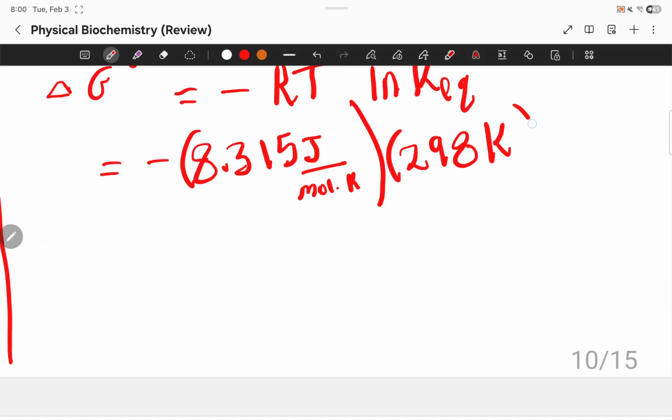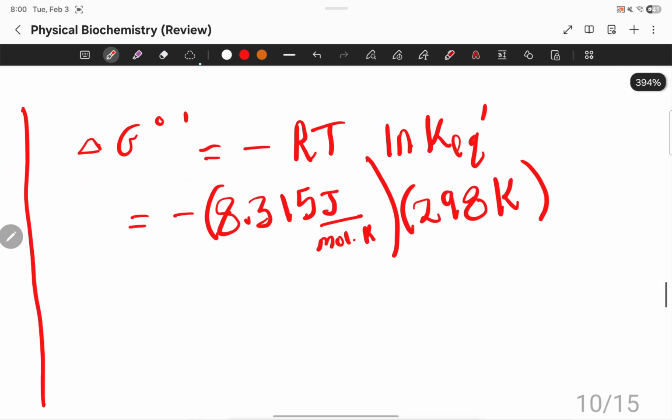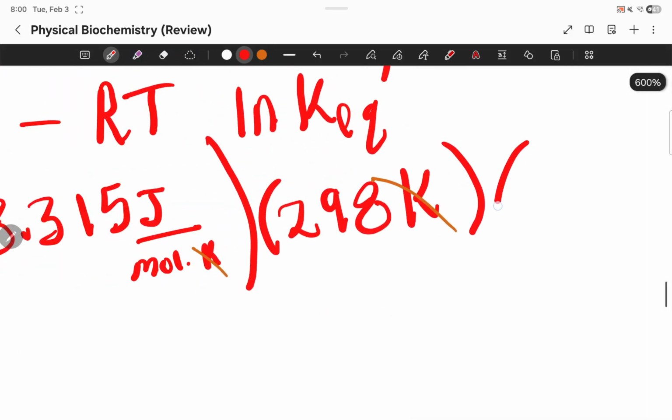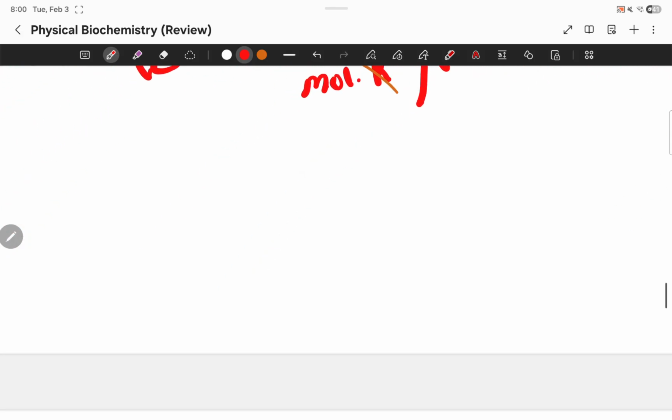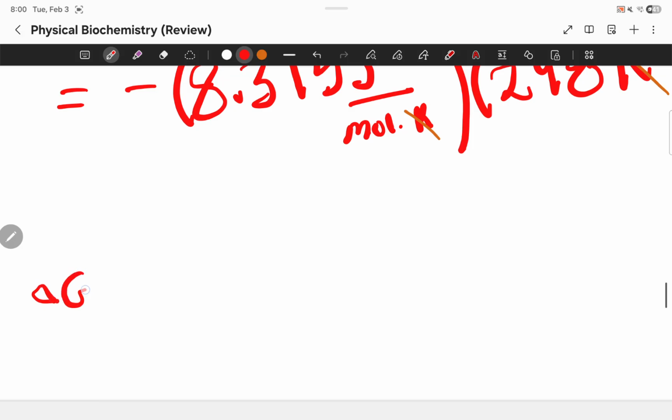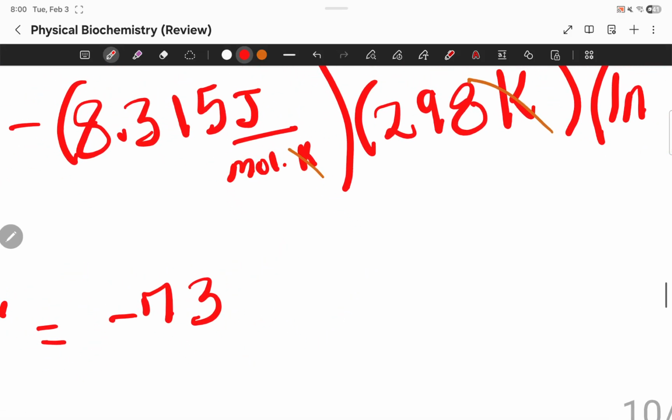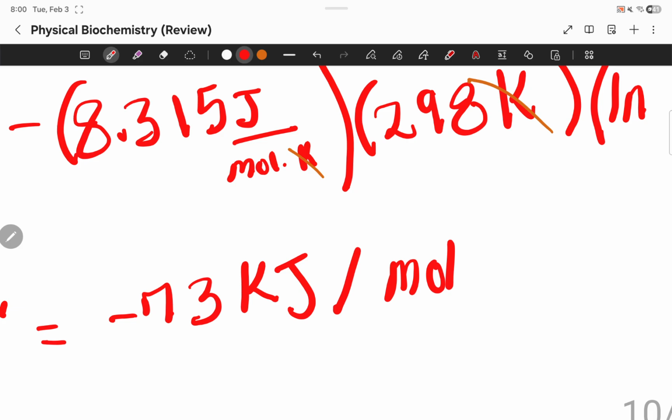Remember that the units have to be in Kelvin for temperature, so they cancel out, okay. Next, it's going to be ln 19. That means that my standard delta G value is going to equal negative 7.3, and we're going to turn joules to kilojoules per mole. Good? Good.